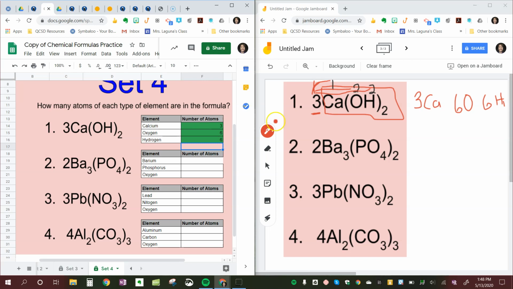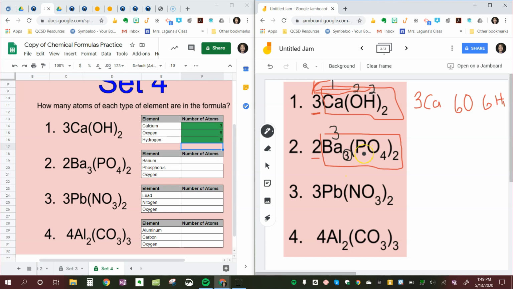Do you remember what we just did? Let's look at the molecule. Everything that comes after this coefficient 2 is part of the molecule. Barium phosphate. So the 2 is going to multiply whatever we get in here. We have 3 barium. 3.